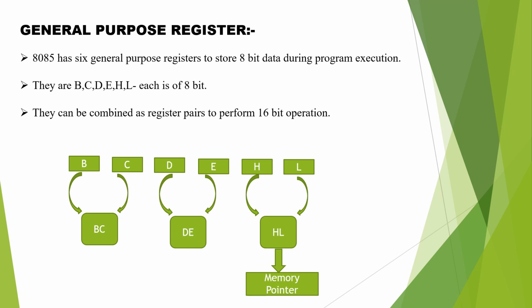The register pairs are BC, DE and HL, which are 16-bit. So registers are 8-bit, and register pairs are 16-bit. HL will be the only register pair which is called the memory pointer, which is represented as M.